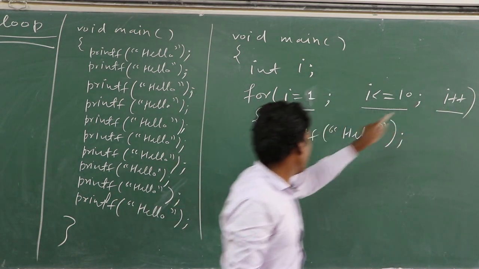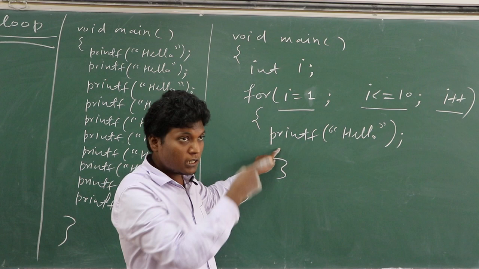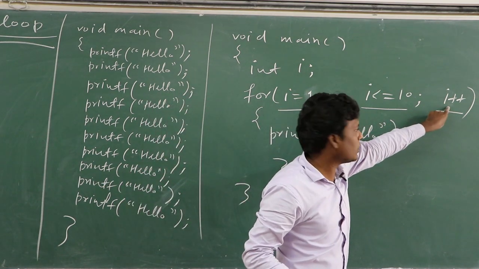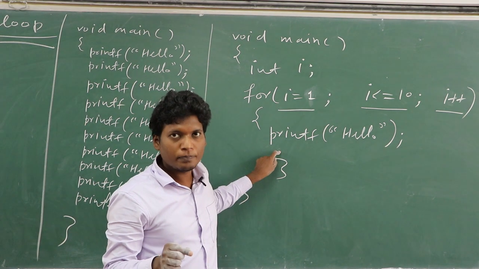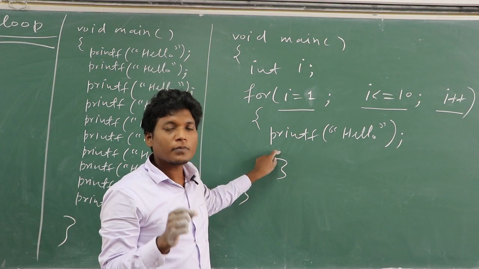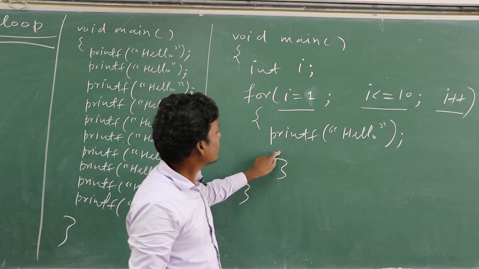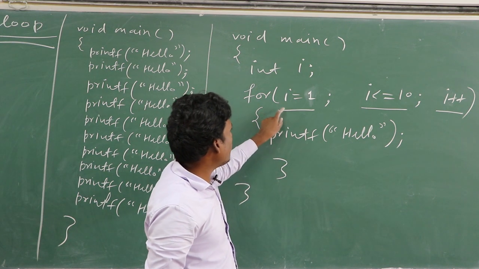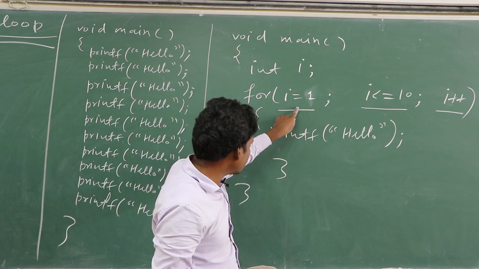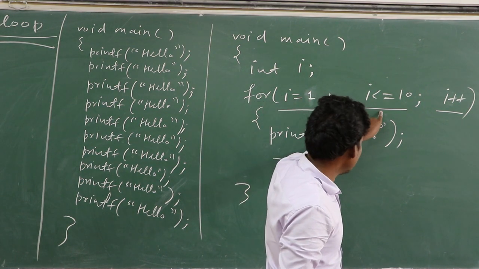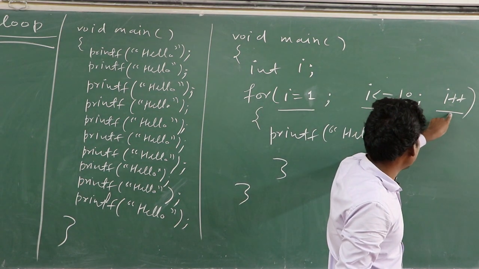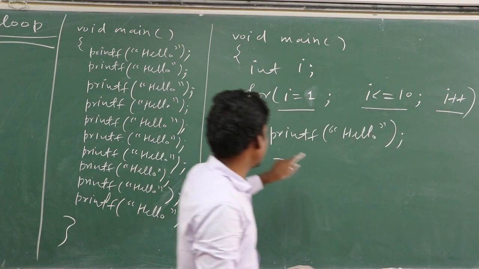This increment or decrement works in the last of the loop. Okay class, so for loop has 3 sections: variable initialization, condition testing, and increment or decrement, and this increment or decrement works here.